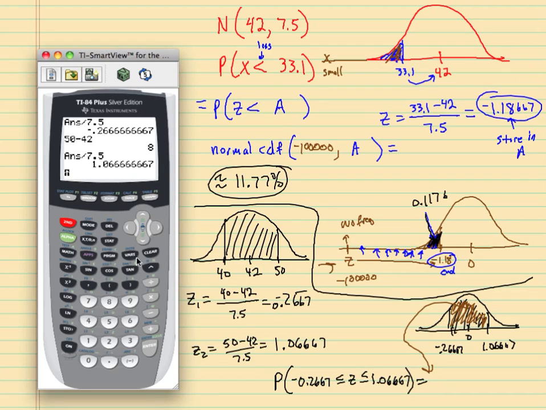Second distribution, go down to my normal CDF, and I want to put the one on the left, which is negative 0.2, just put a bunch of sixes and a 7. You could store this also the same way. You could put one in A and one in B, and the other one will be 1.0. Okay, so the area in between is about 46%.